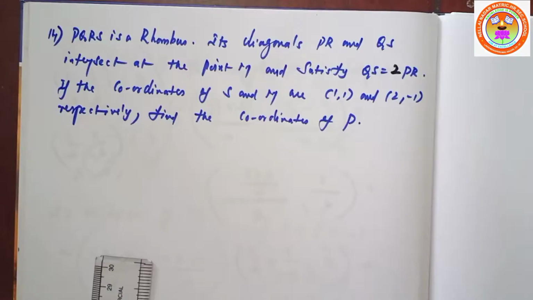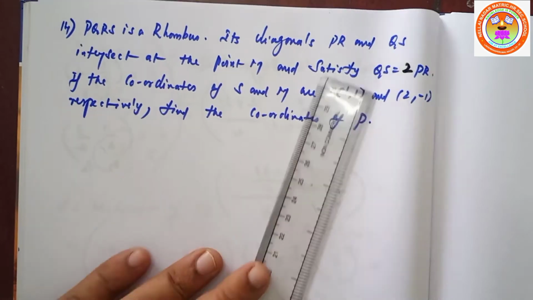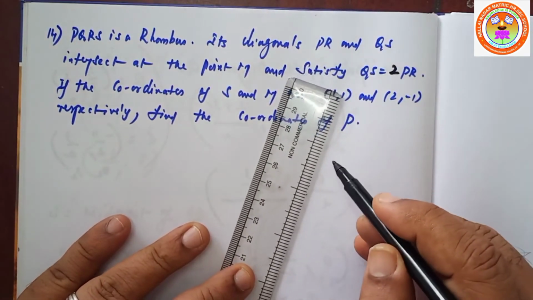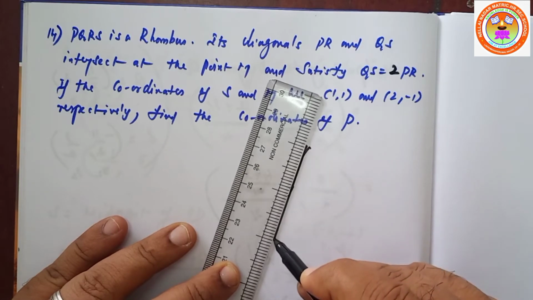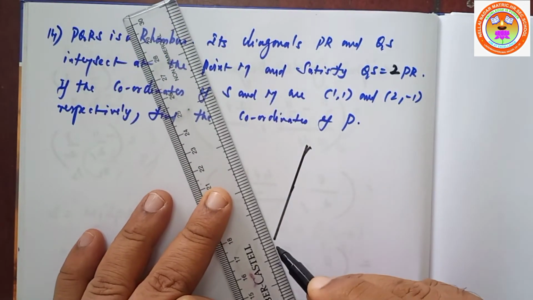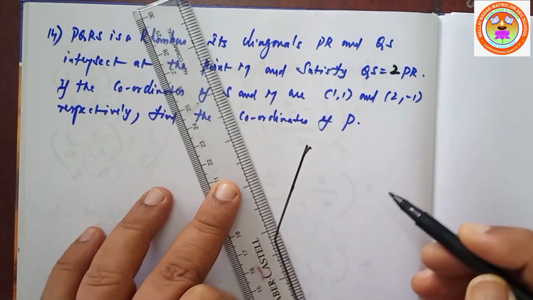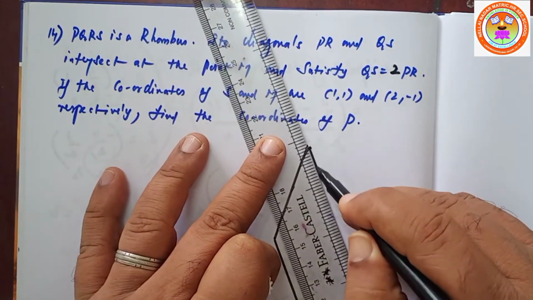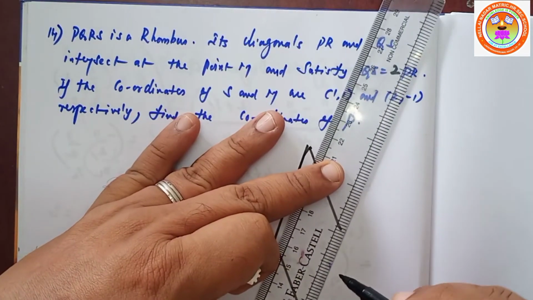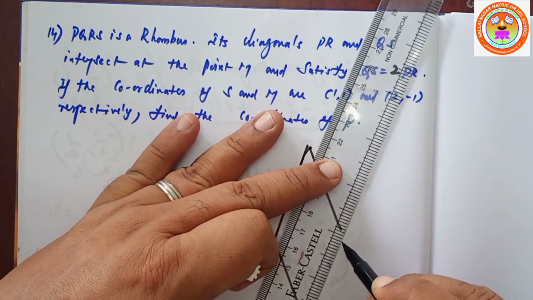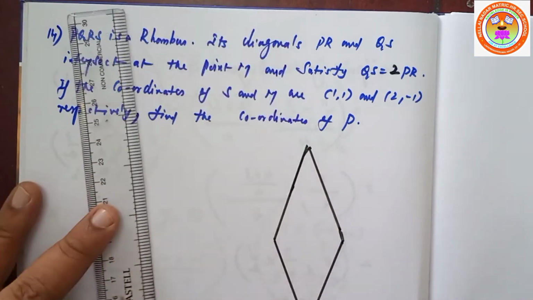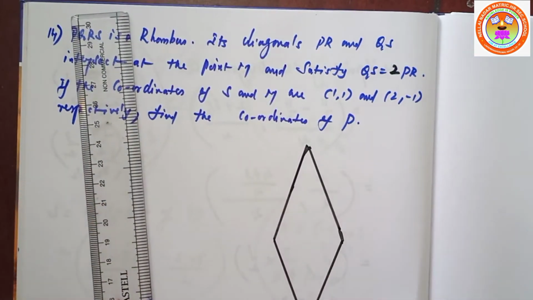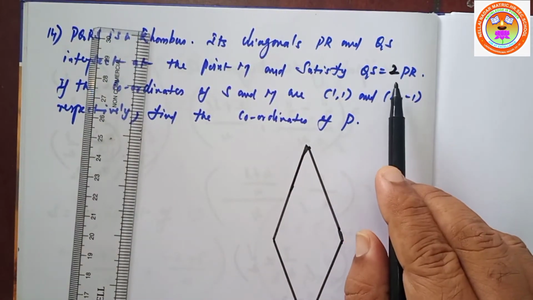Okay. Here is question number 14. PQRS is a rhombus, given. First we can draw the diagram. Rhombus. Here you are given QS equals double PR.